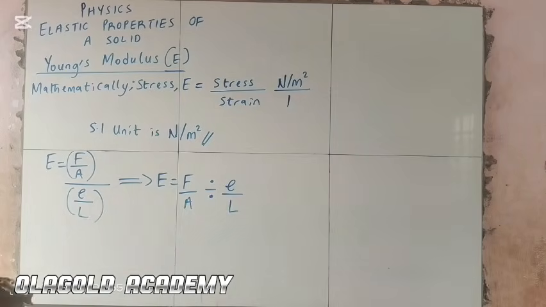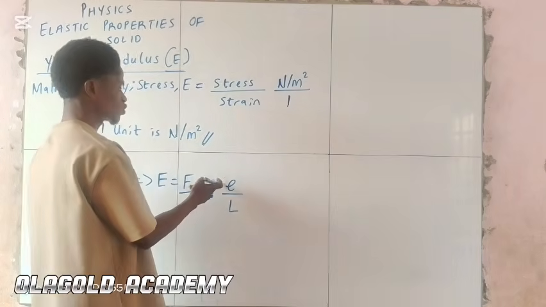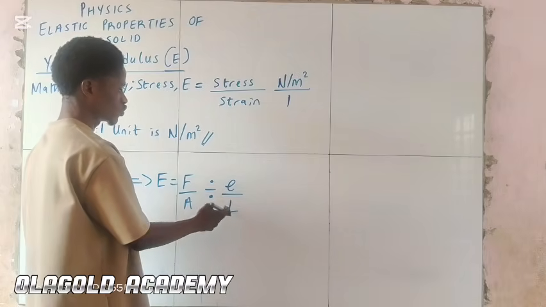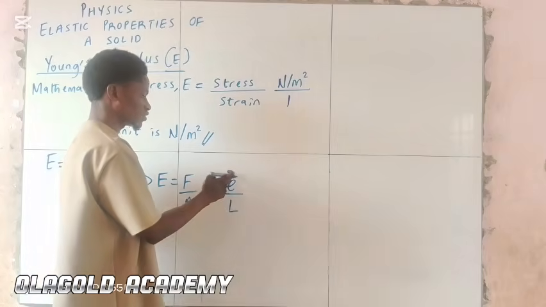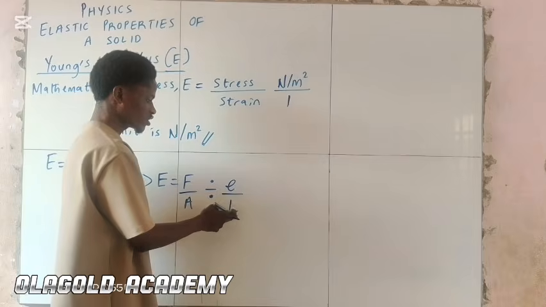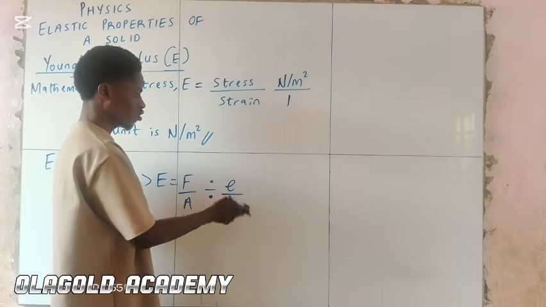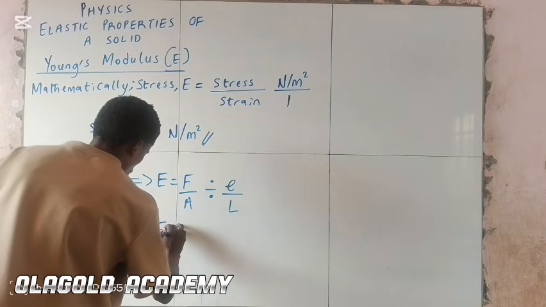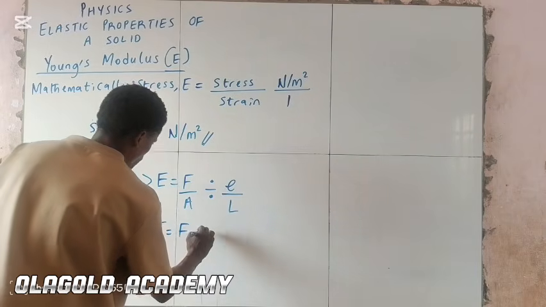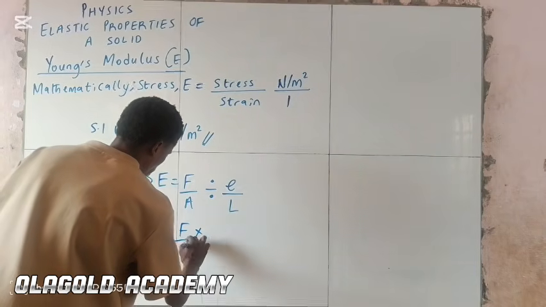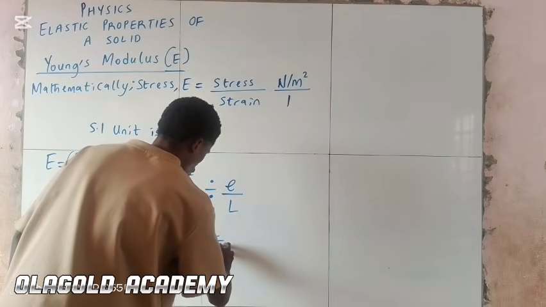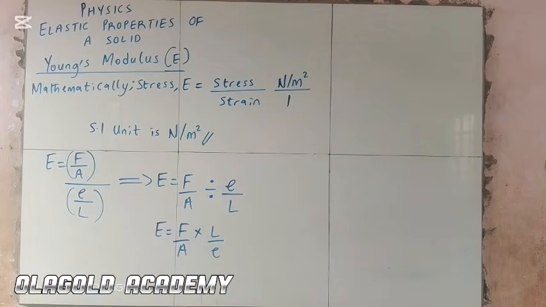And as usual, to change this sign from division to multiplication, we need to take the inverse of this side. So this L will come up, this E will come down. We're going to have Young's modulus equal to F over area multiplied by original length over extension.